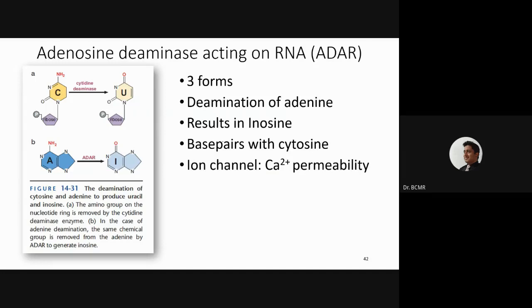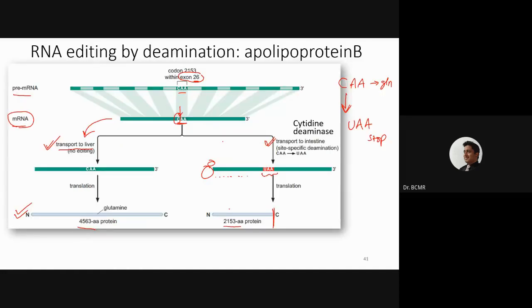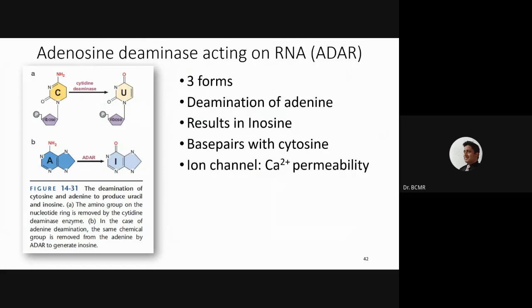The enzyme we have discussed, cytidine deaminase, removes this amino group and results in a keto group, and that is nothing but uracil. There is also another one called ADAR, adenosine deaminase acting on RNA. The same amino group on the adenine could be removed and a keto group will form, that is inosine.